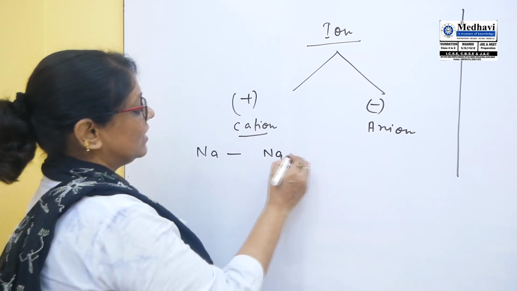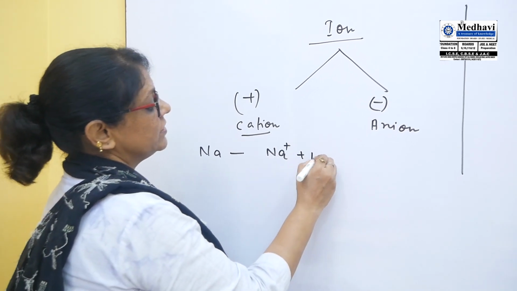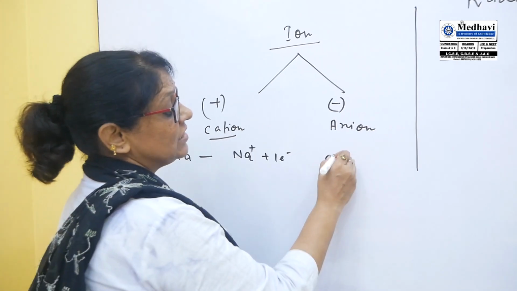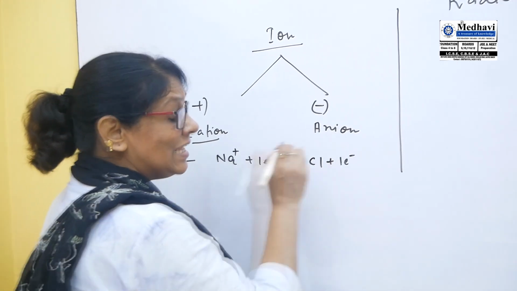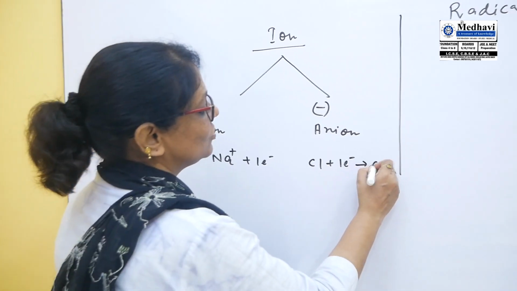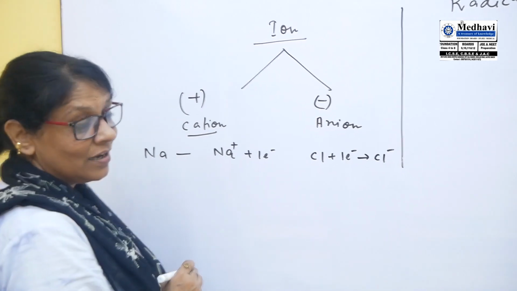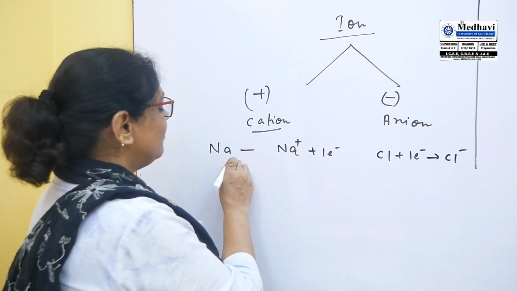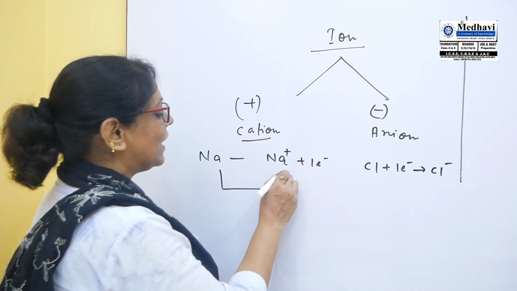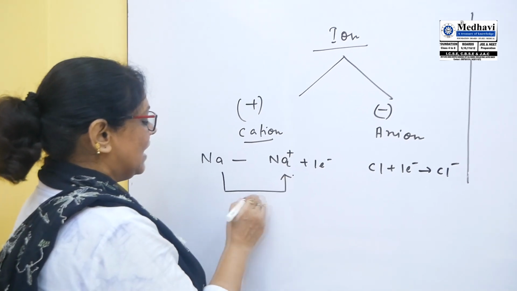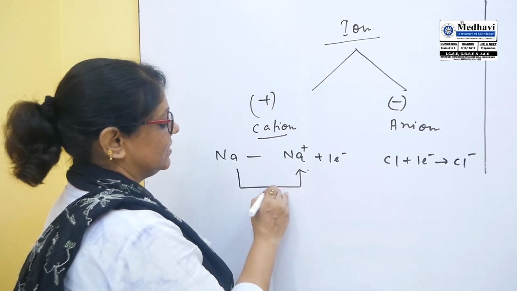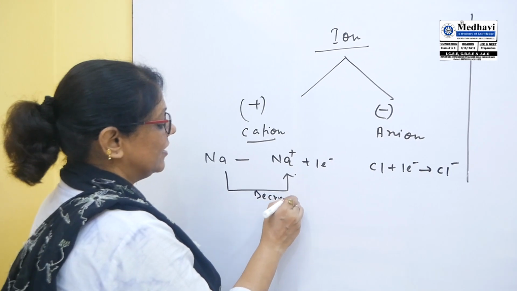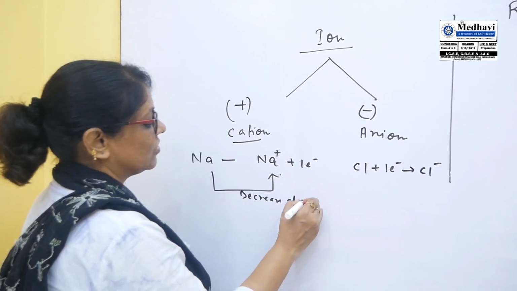That is, loss of electron produces a cation, whereas when an atom gains one electron, it turns to an anion. Here, one thing I want to add, that when we convert an atom to a cation, then electrons will decrease. Very, very important point. Decrease of electrons.